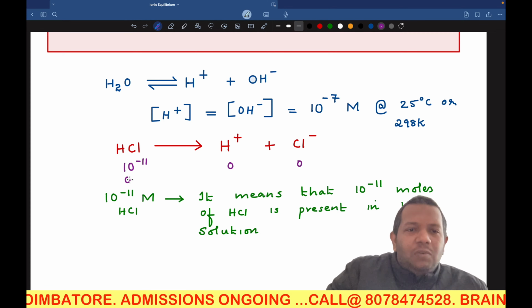When do you need to consider it? If the concentration of the acid HCl is less than or equal to or comparable to that of water, then only you will consider water. Otherwise you can take its concentration, 10 power minus 7, as negligible. So here it is 10 power minus 7 mole per liter.